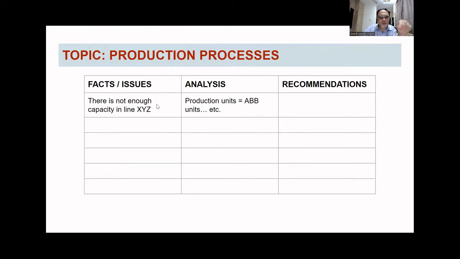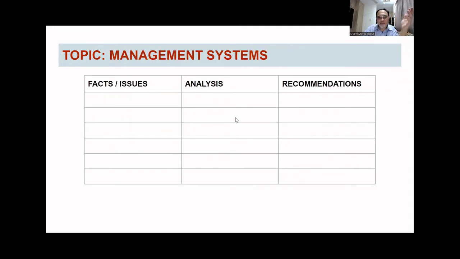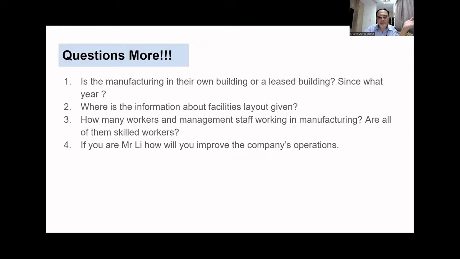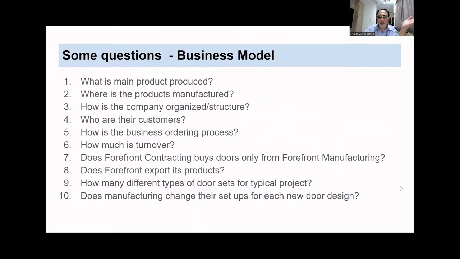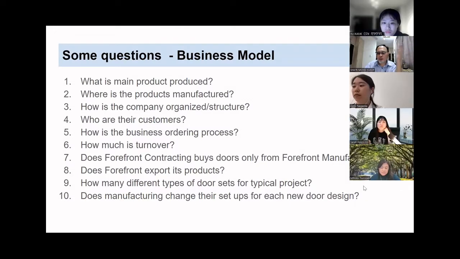Whatever fact you found, you put it down related to a certain topic. And then the analysis, then recommendation. Not now for recommendation, because you don't know yet. This is later on. I have helped you come up with these tables and these questions for you to be able to do a good case study.